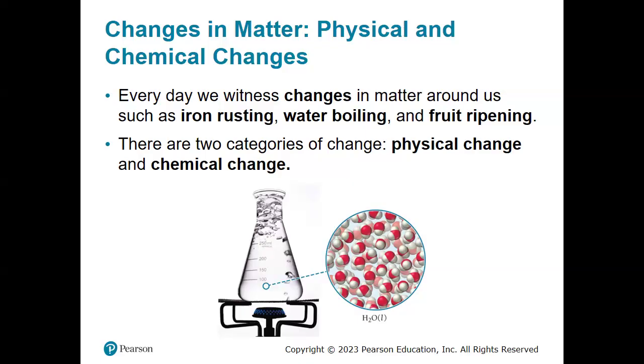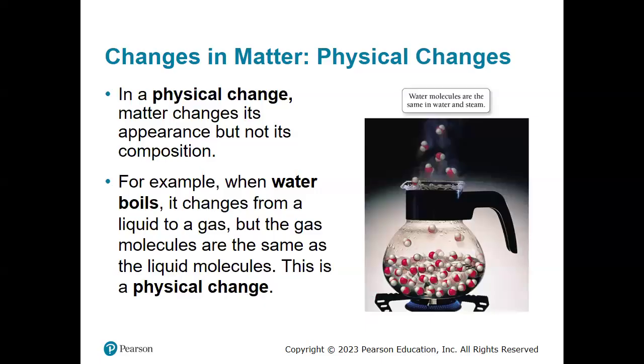The difference between a physical change and a chemical change has to do with the composition of the substance. In a physical change, we notice some kind of change in appearance, but yet the substance itself does not change at all. A great example of this is water boiling.